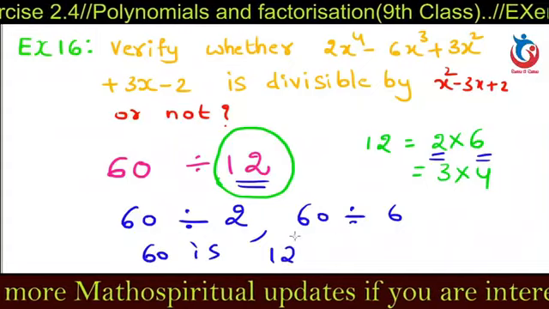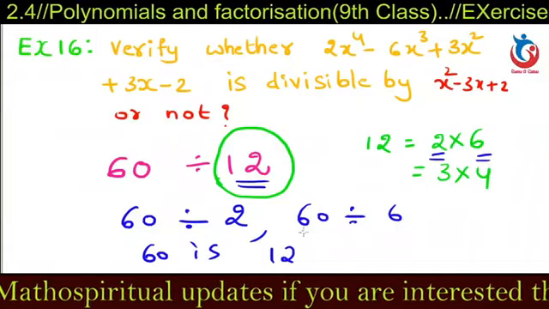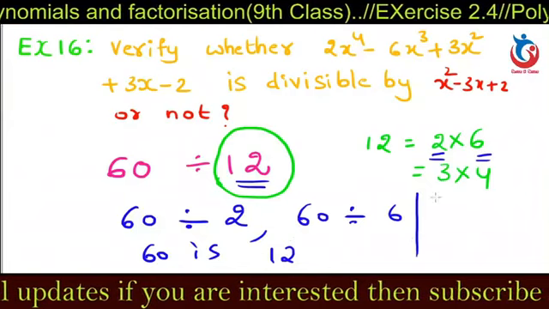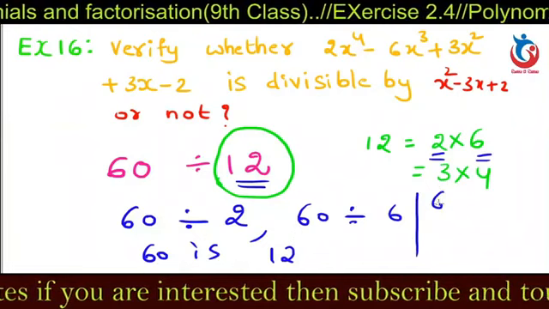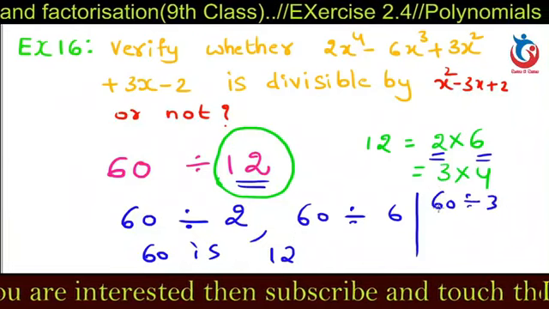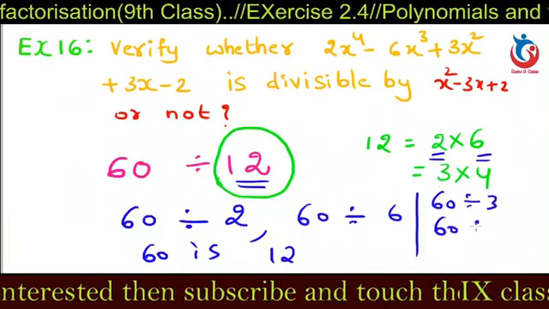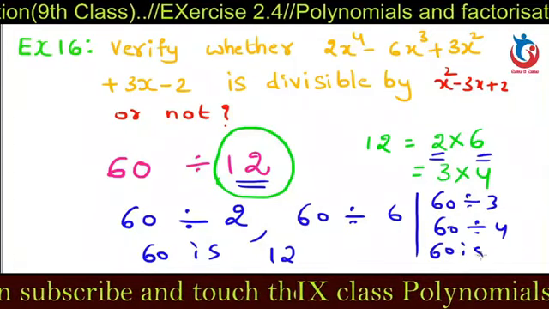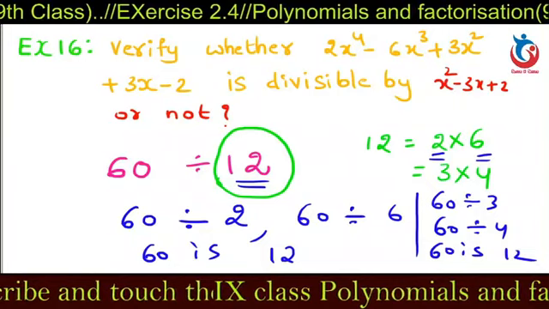Again, the factors of 12 are also 3 into 4. So I will check whether 60 is divisible by 3? Yes. Is 60 divisible by 4? Yes. So I will say that 60 is divisible by 12.